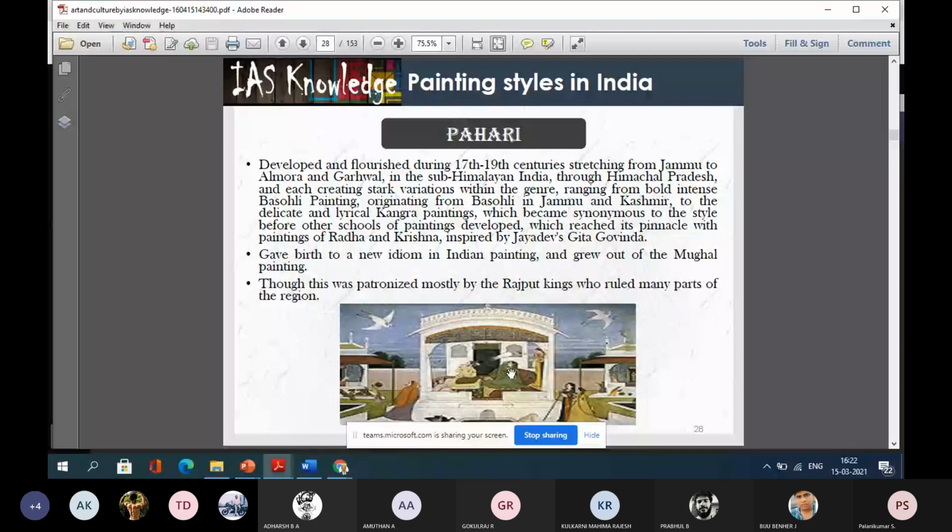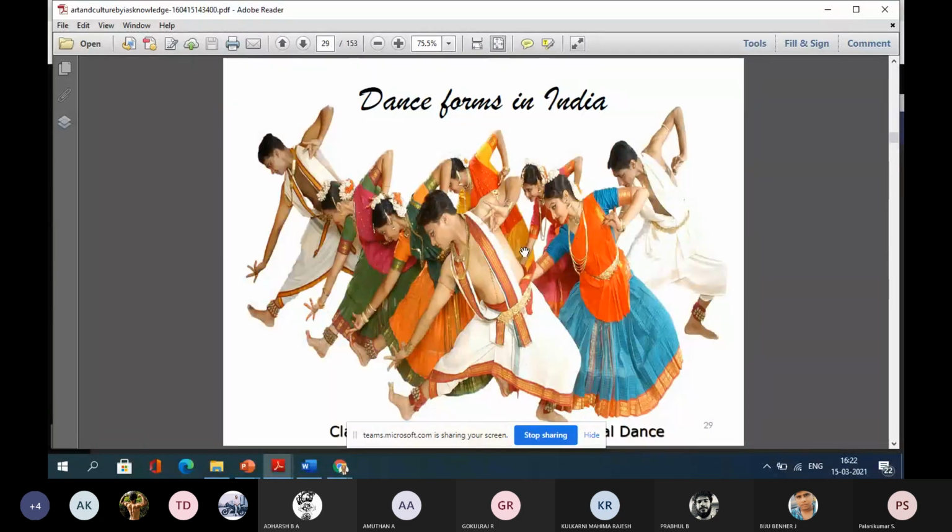It came out of Mughal painting, but it has a different thought, and it was patronized mostly by the Rajput kings. They didn't want to simply follow Mughal painting, so they modified it with a different style. It was mainly paintings of Radha and Krishna, inspired by Jayadeva's Gita Govinda. They developed this Pahari kind of painting.